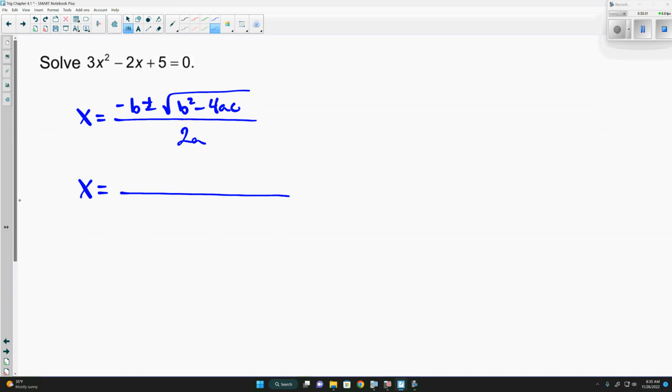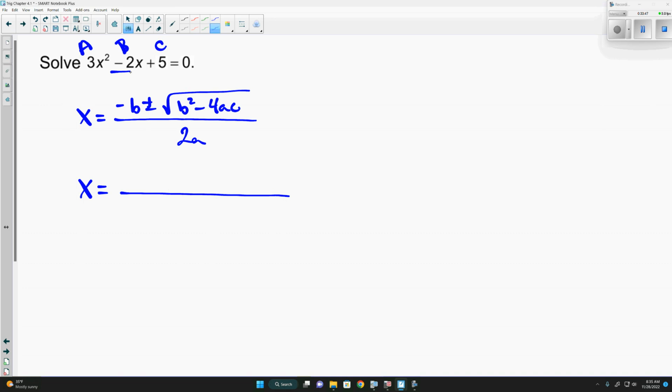Now we look at this here, again it has to equal 0 and everything needs to be on the same side, so that we have it in the form of ax squared plus bx plus c. And then we're going to plug in for a, b, and c.